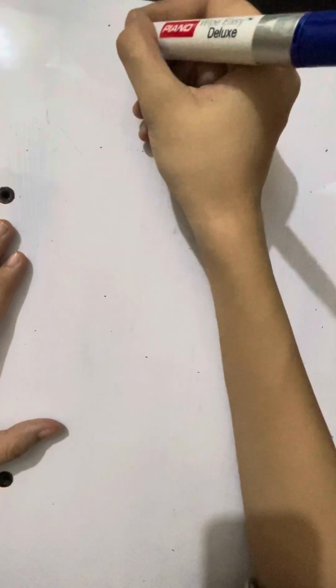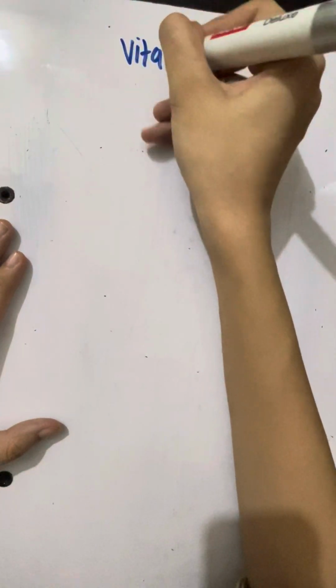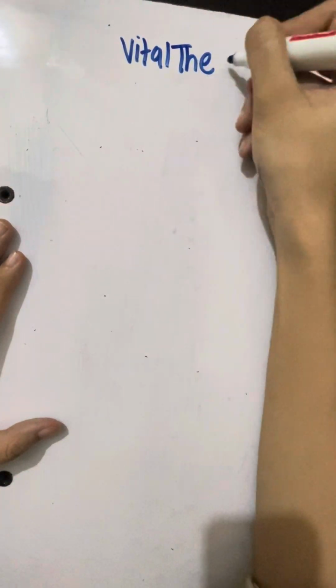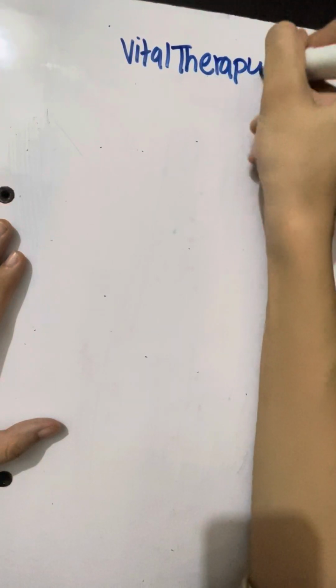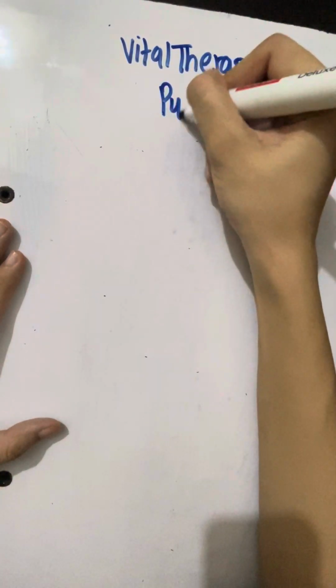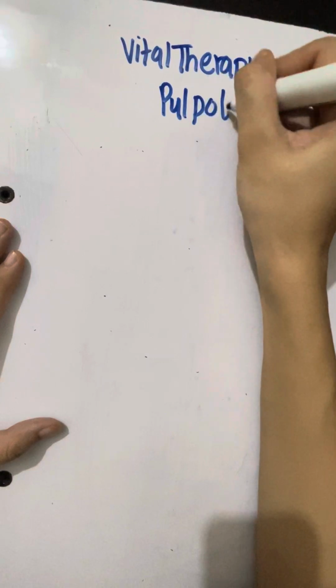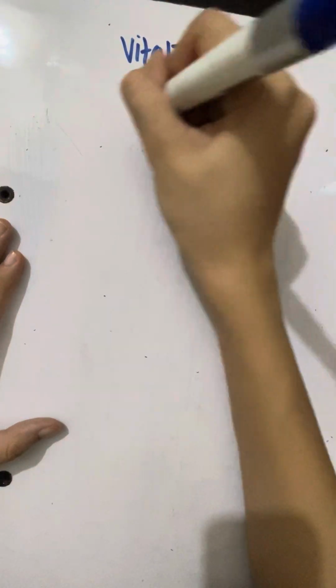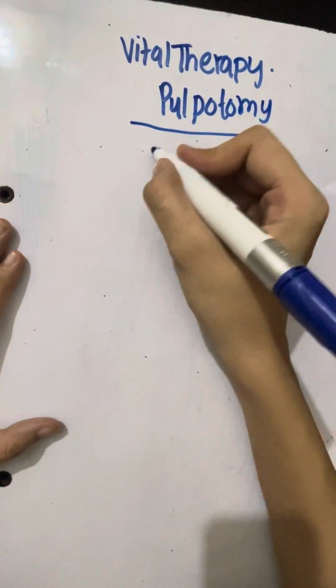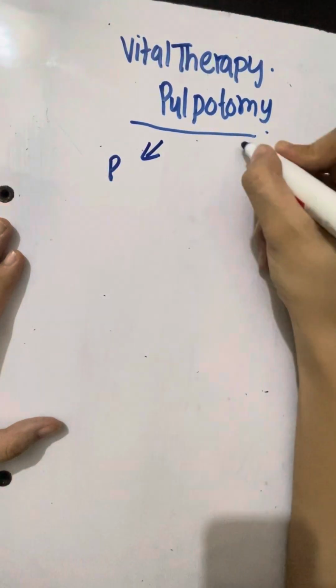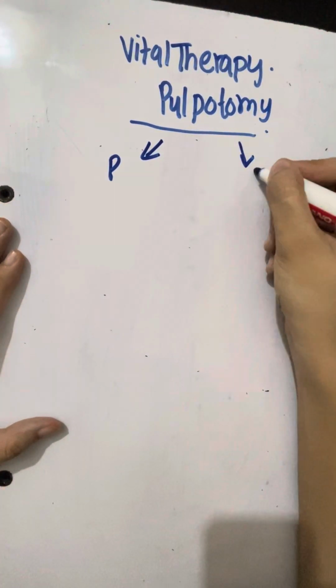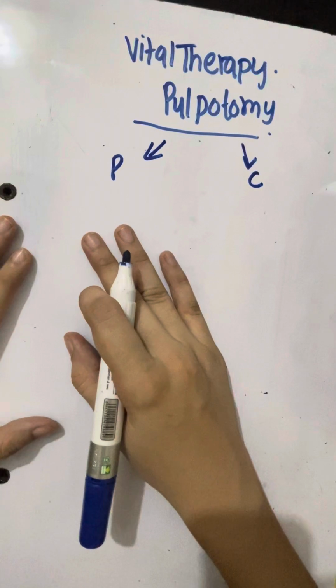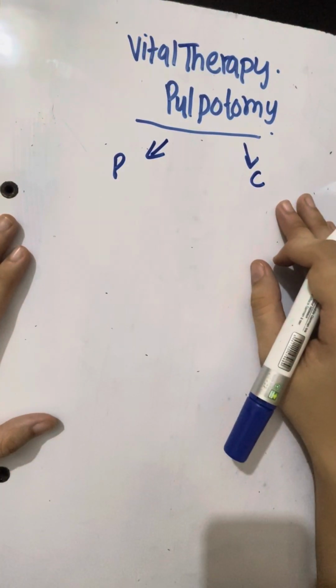Then comes the second procedure of vital therapy. What is pulpotomy? It means removal of the pulp, which will be partial or complete. If the coronal pulp is removed completely, it is complete pulpotomy.